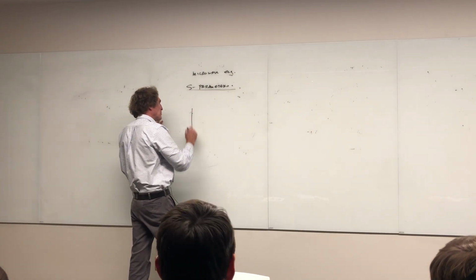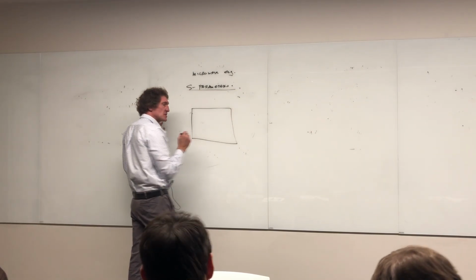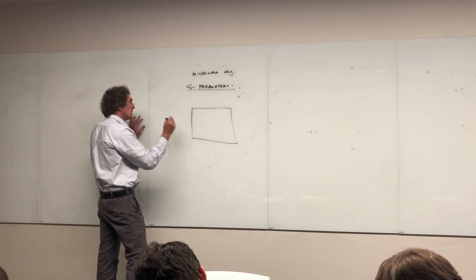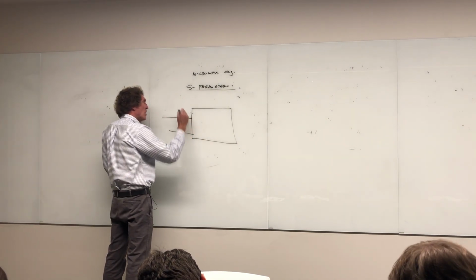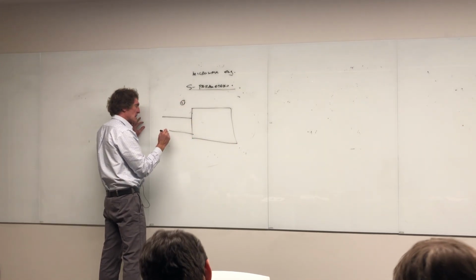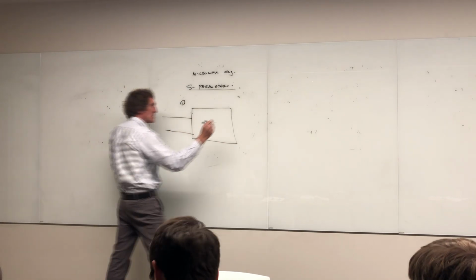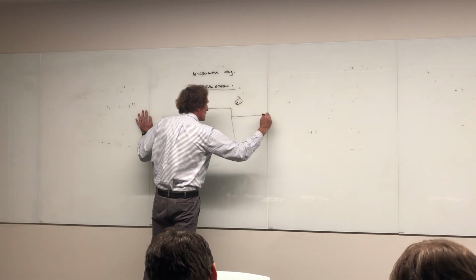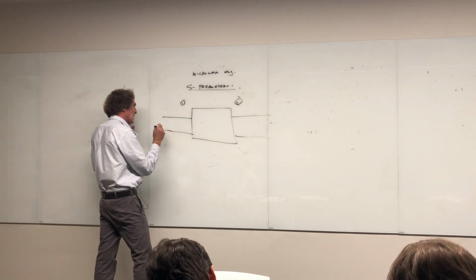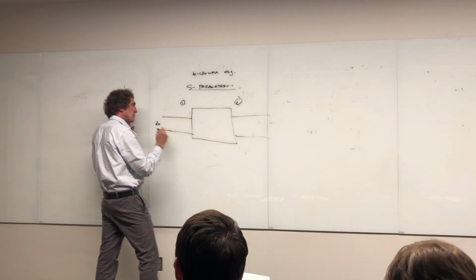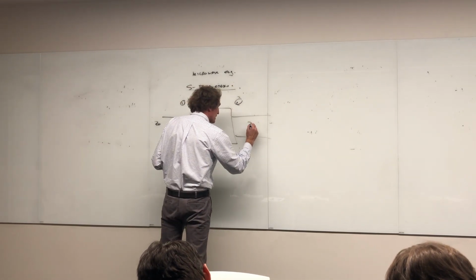We just set up a black box here. It does not matter what's inside here. Then we're going to connect this, and this is port 1. And this is going to be port 2. Now these will be transmission lines, and they'll have some characteristic impedance here and here.